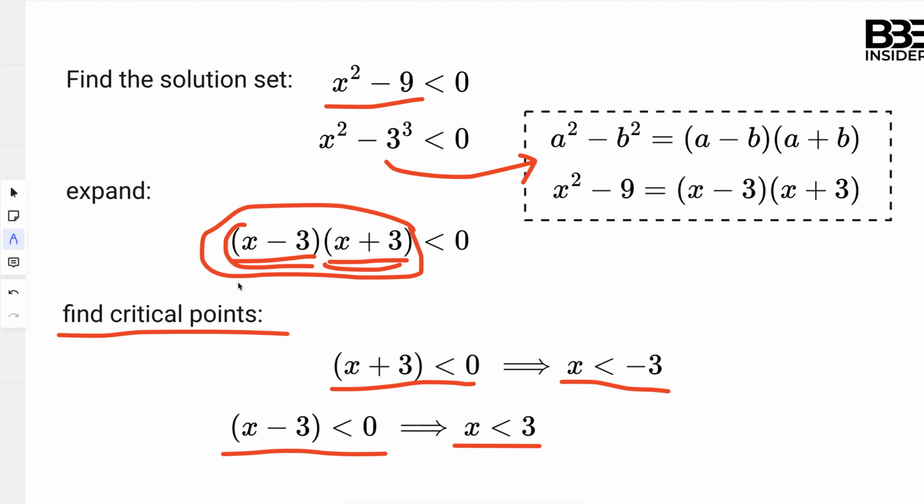If both parentheses are negative, the whole expression is positive. We want to find the combination of those parentheses that make the whole inequality left-hand side negative, smaller than 0.